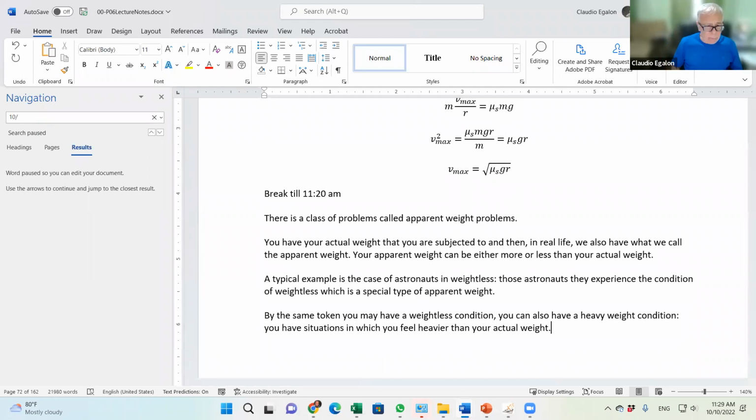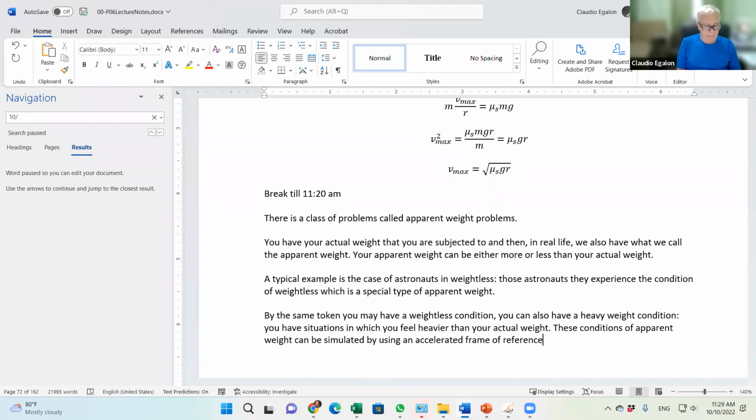These conditions of apparent weight can be simulated by using an accelerated frame of reference, okay?